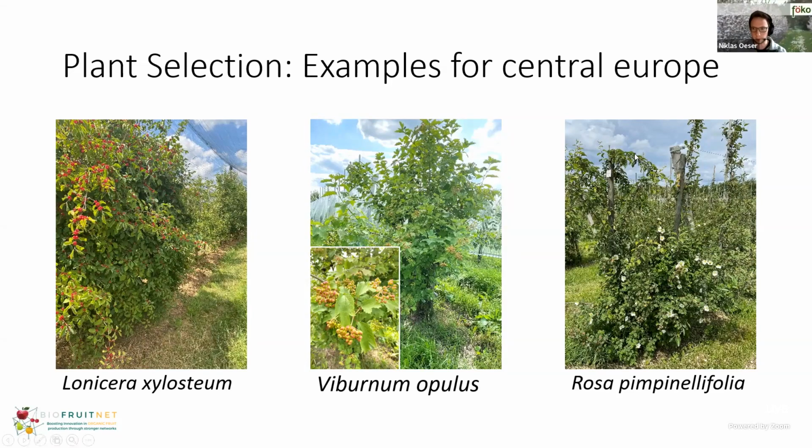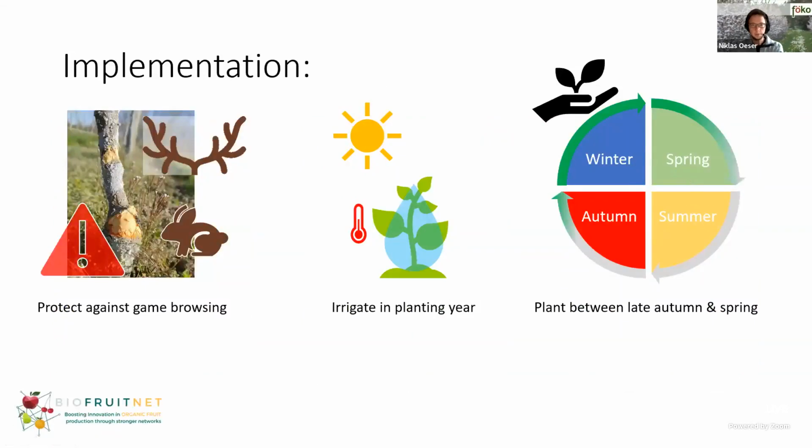So just an example. And for the implementation itself, what you have to consider is especially to protect against game browsing, as you do with your fruit trees as well. This can be one problem. You should irrigate these young shrubs, especially in the planting year, and plant between late autumn and spring, as you do with your orchards normally as well.